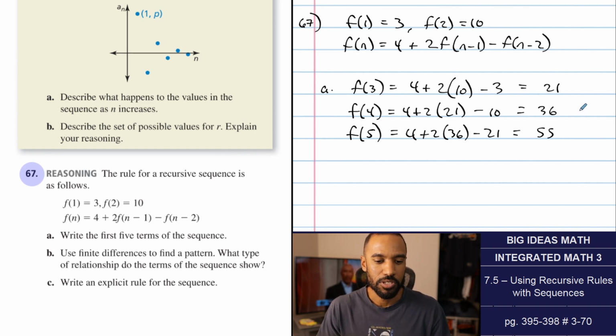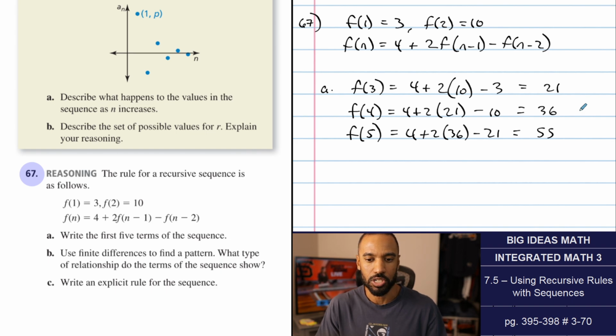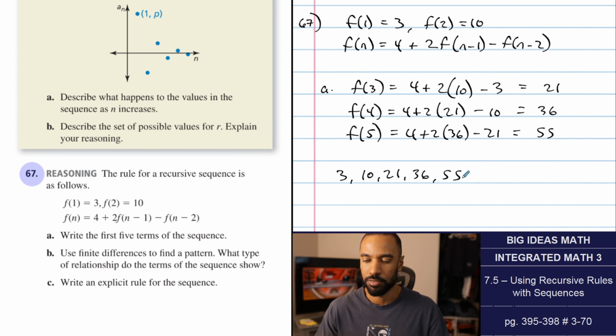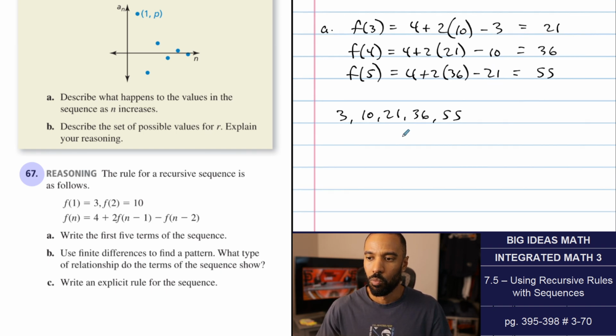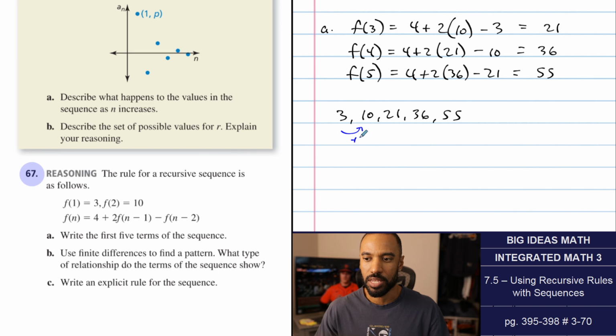Use finite differences to find a pattern. What type of relationship do the sequences show? Oh, hold on. Let's write this thing out. So 3, 10, 21, 36, 55. Okay. Use finite differences to find a pattern. So what? Plus 7, plus 14, plus 15. Wait, is that right? Plus 21. Is that what they mean?